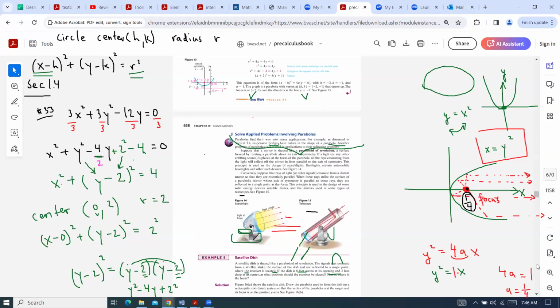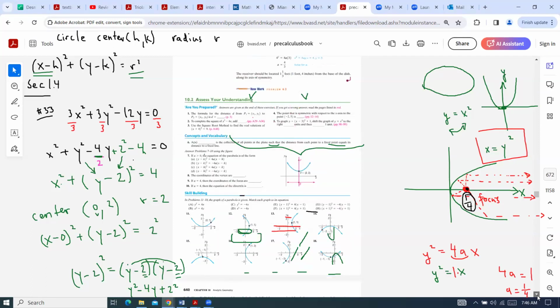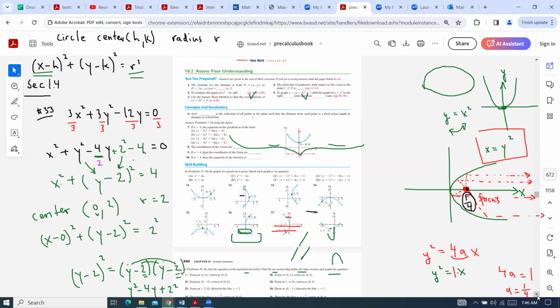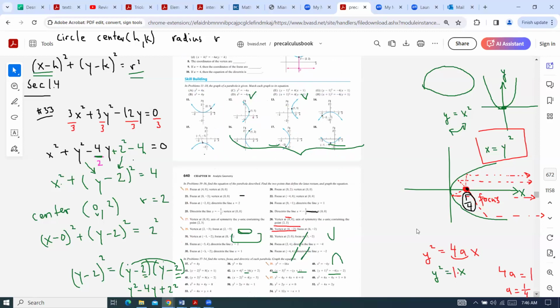So we're going to do some exercises to refresh your memories on how you worked with these parabolas. So let me try one here. Section 10.2 is what we're looking at today. I want to clean this mess before we move on.